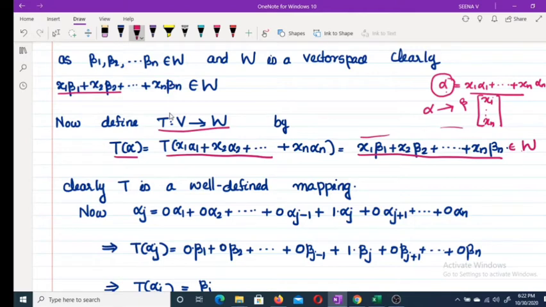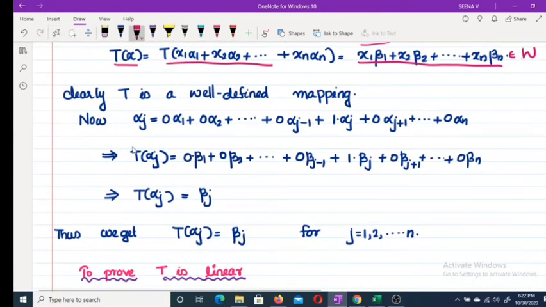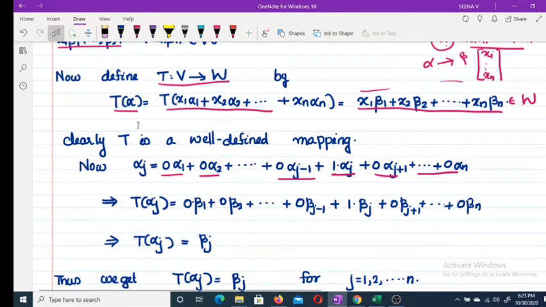So now what is alpha j? Alpha j you can write as 0 alpha 1 plus 0 alpha 2 etc. plus 1 alpha j plus, again all the coefficients are 0. Therefore, by our definition, T alpha is defined like this. For T alpha j, you can write this as beta j.